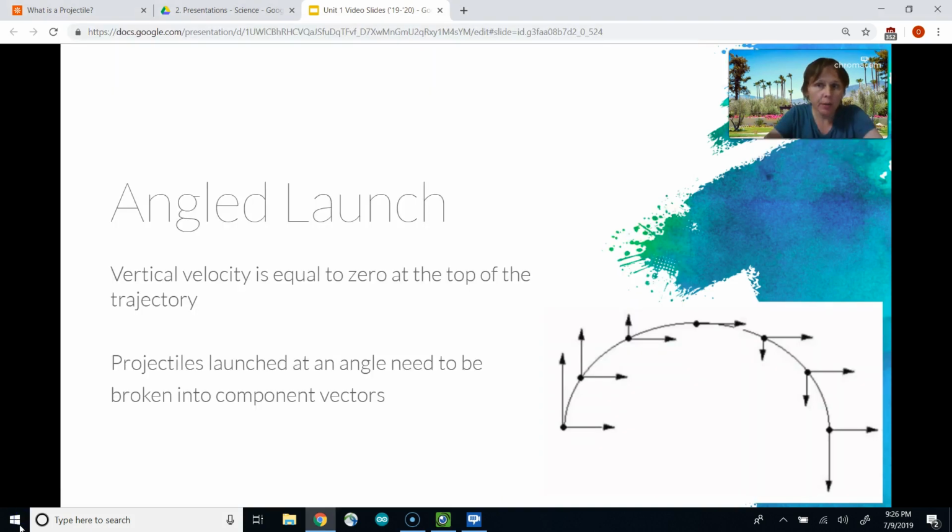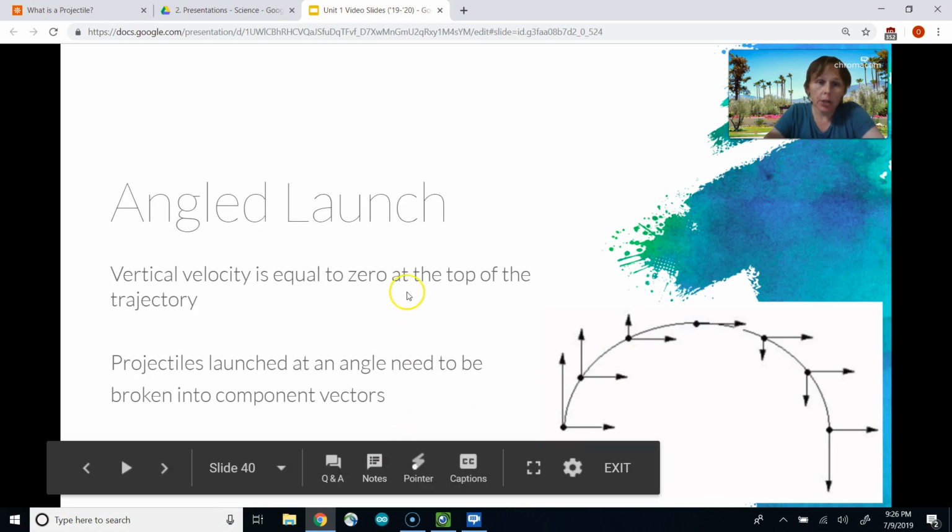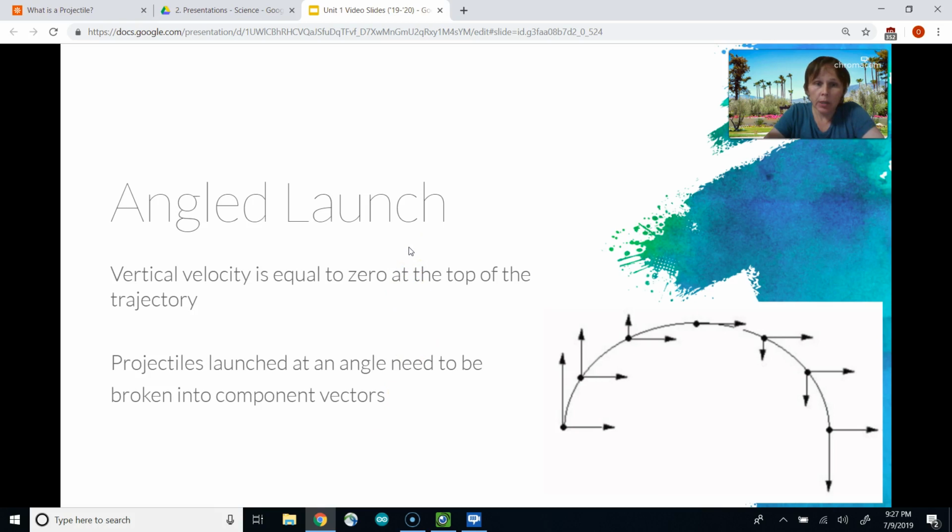Another example of the projectile motion we're going to consider is angled launch. For this situation, vertical velocity is equal to 0 at the top of the trajectory, which is right here. And projectiles launched at an angle need to be broken into component vectors.